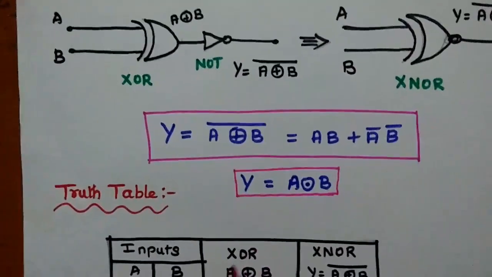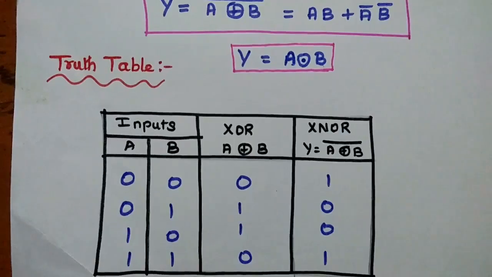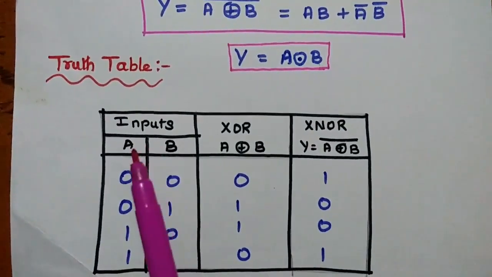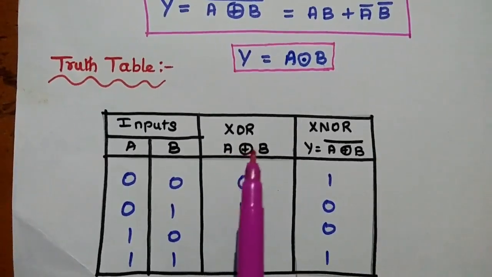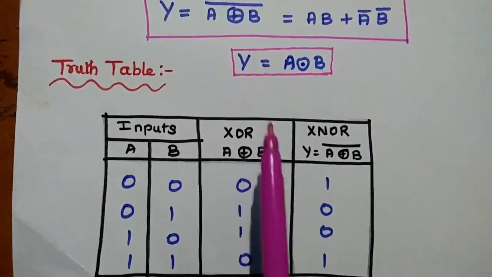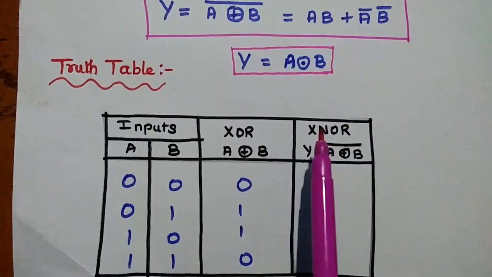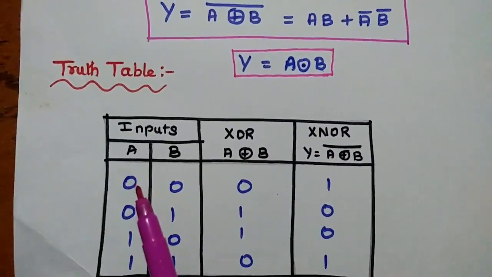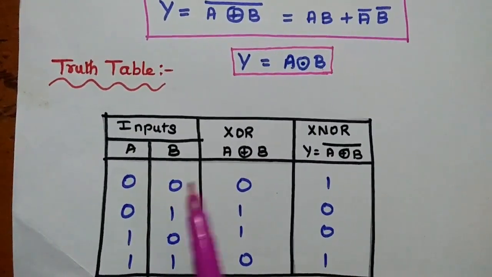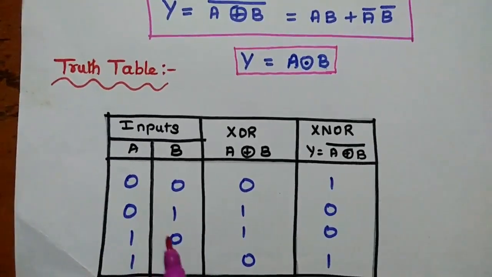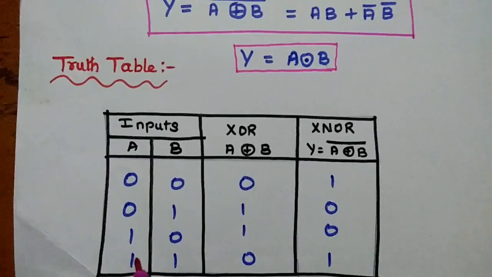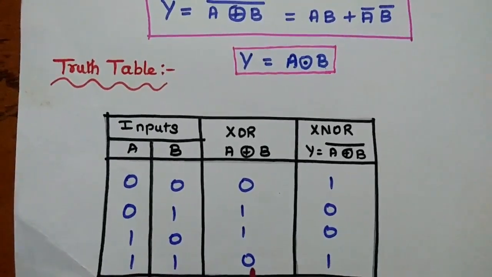So the truth table for this operation is inputs A and B. Here the XOR gate, that is A XOR B. The complement of this XOR is nothing but the XNOR gate. So here 0 XOR 0 is 0. 0 XOR 1 is 1. 1 XOR 0 is 1. 1 XOR 1 is 0.